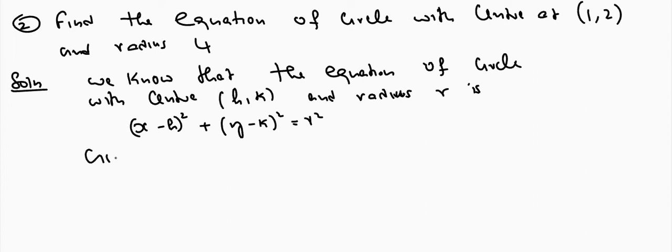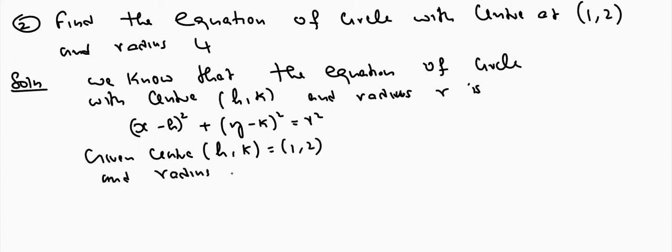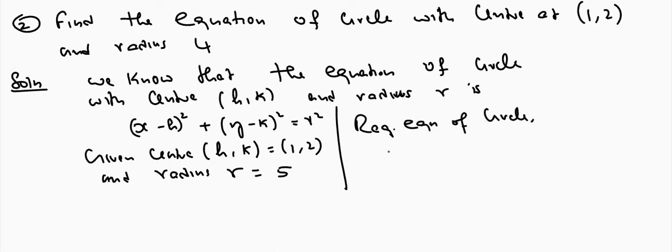Given center (h, k) equals (1, 2) and radius r is equal to 5. Then the required equation of the circle: you can write (x minus 1) whole square plus (y minus k), we take k is equal to 2, then (y minus 2) whole square is equal to 5 square.